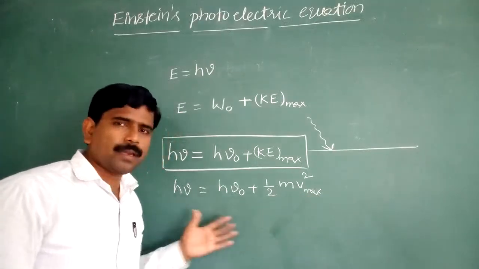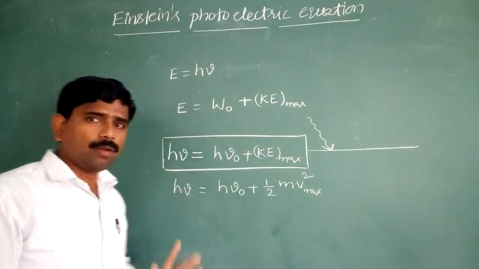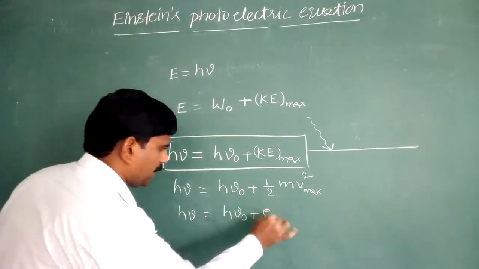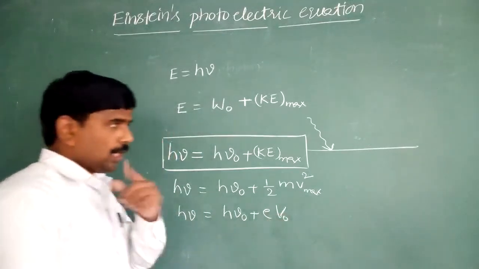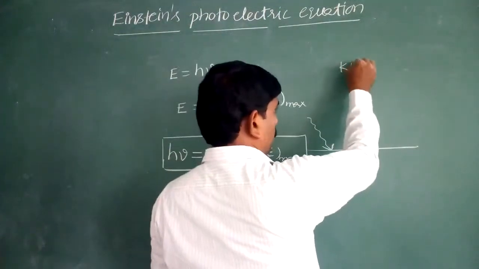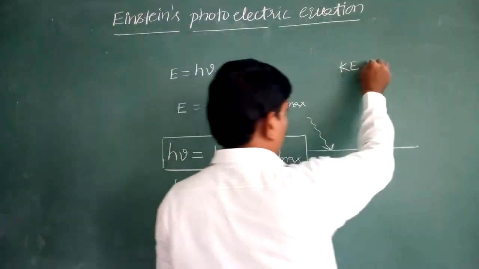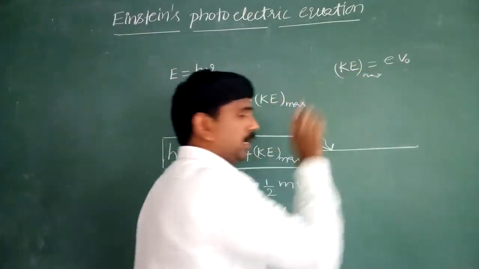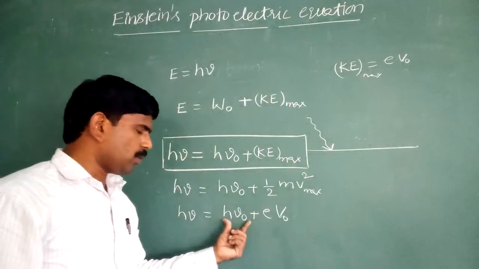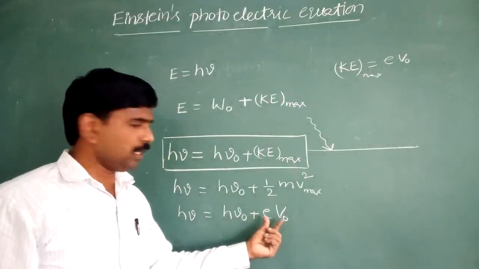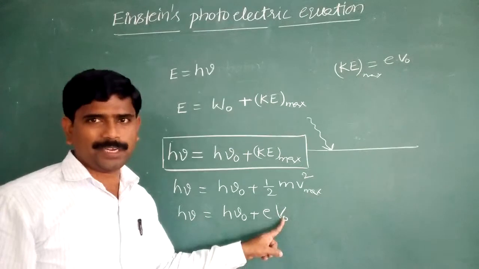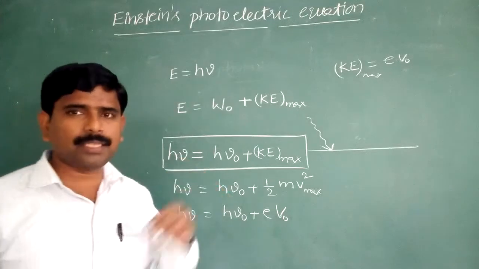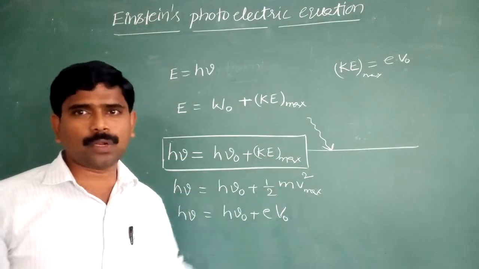The same expression in terms of electron volts is h nu equals h nu naught plus e V naught. We already learned that in the case of stopping potential, the maximum kinetic energy equals e V naught. So h nu equals h nu naught plus e V naught. Here V naught is the stopping potential, nu naught is the threshold frequency, and nu is the frequency of the incident radiation or the frequency of the photons.